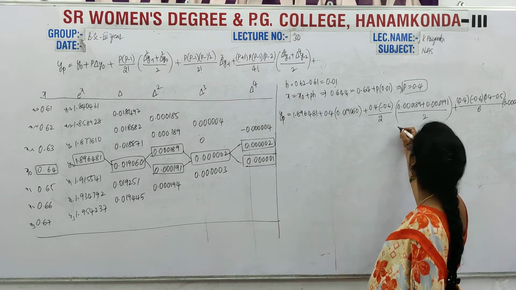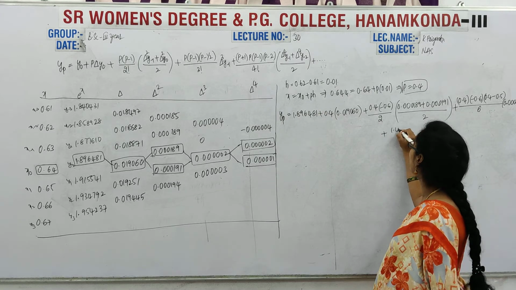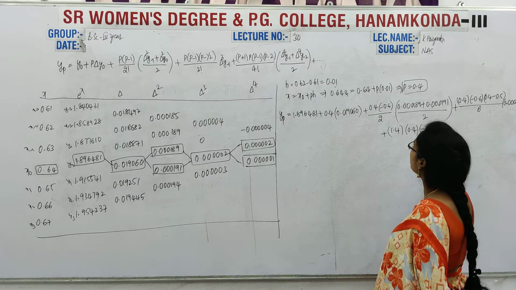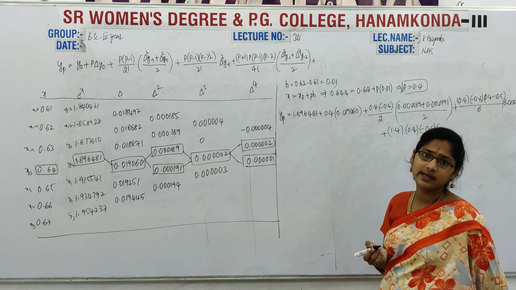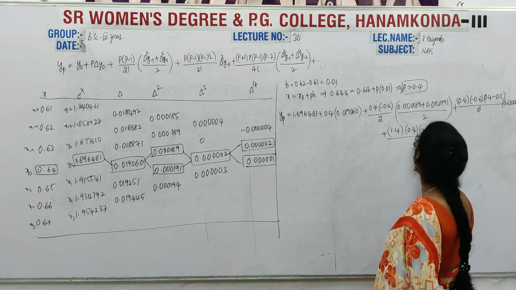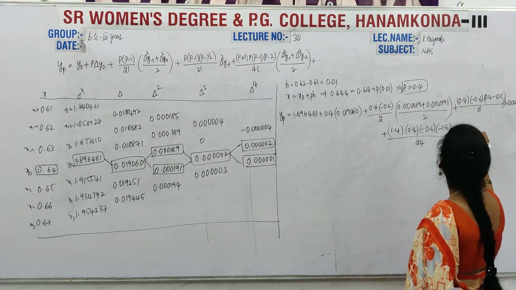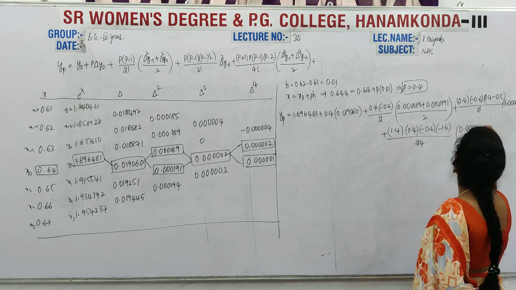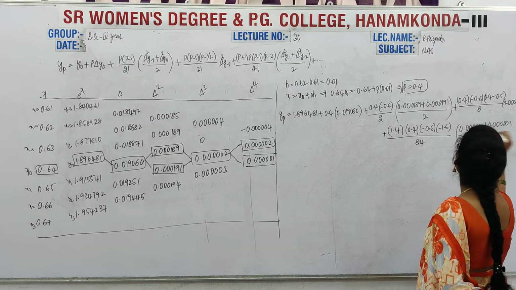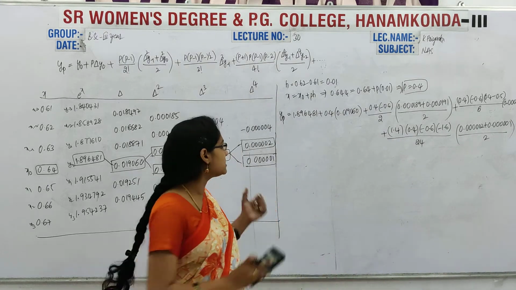Next plus p plus 1, that is 1.4 into 0.4 into minus 0.6 into minus 1.6 divided by 4 factorial, which is 24, into the sum of these two, 0.000002 plus 0.000001 by 2.